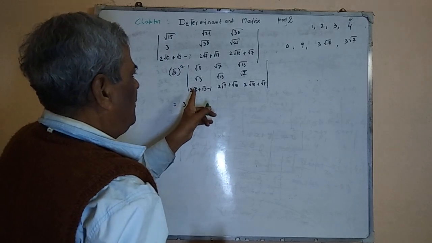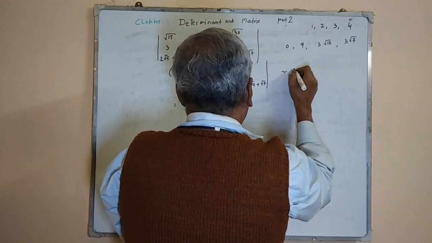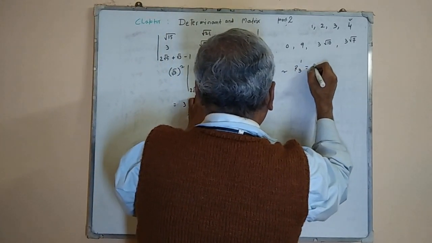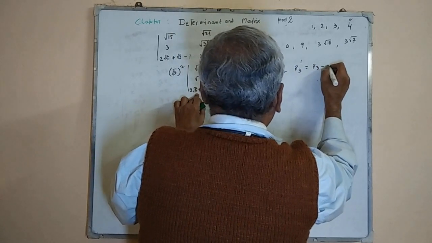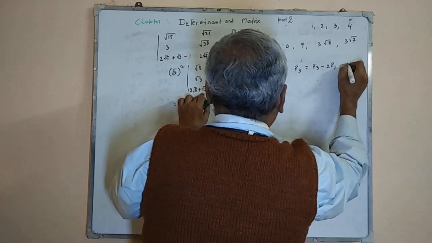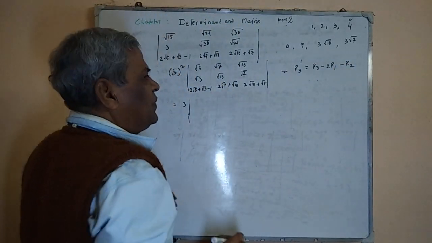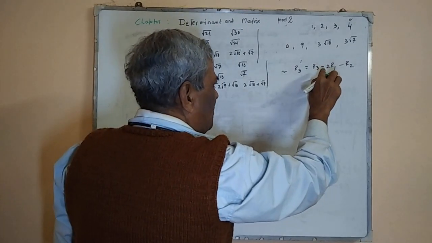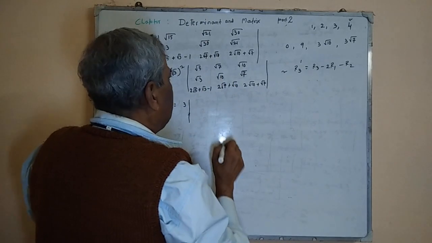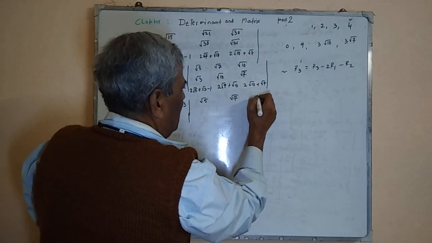Now, operating R3 dashed is equal to R3 minus 2 times R1 minus R2. So from R3 we have to subtract 2 times R1 and R2. So first row intact, root 5, root 7, root 10.